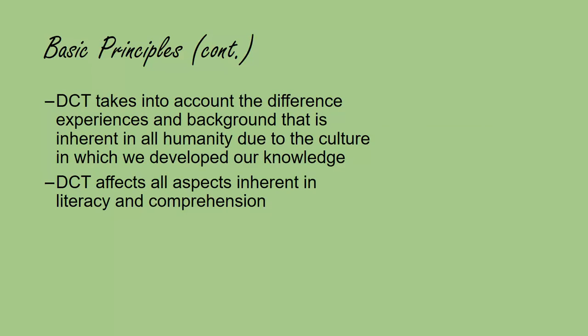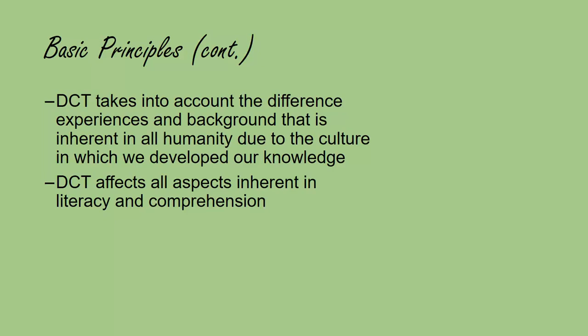It also takes into account the different experiences and backgrounds that people come from. The words that we have in the States may not be the same words that are used in India or Japan or even England for that matter.